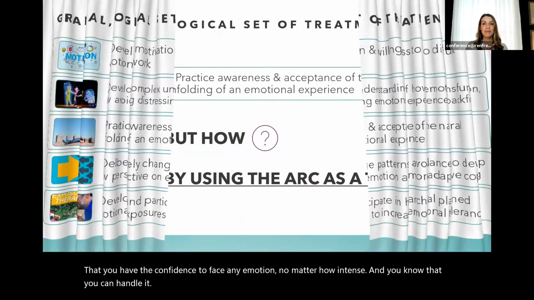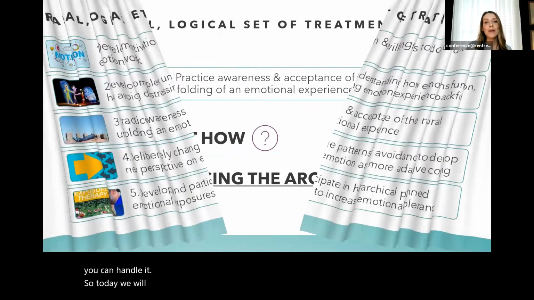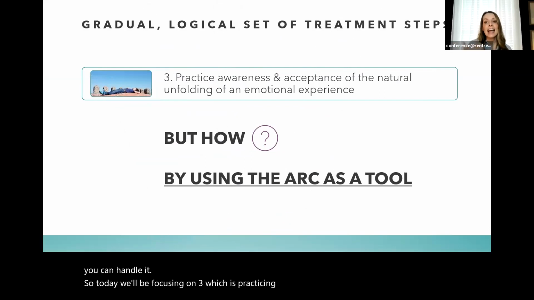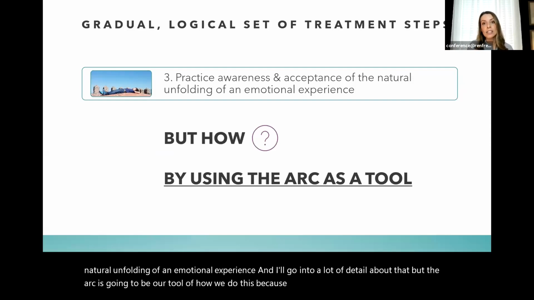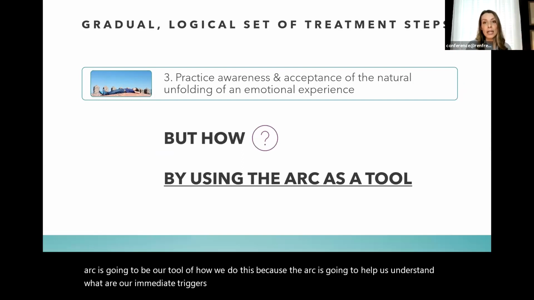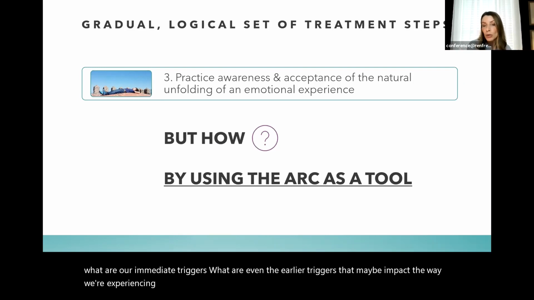So today we'll be focusing on number 3, which is practicing the awareness and the acceptance of the natural unfolding of an emotional experience. And I'll go into a lot of detail about that, but the ARC is going to be our tool of how we do this, because the ARC is going to help us understand what our immediate triggers are, what even the earlier triggers are that maybe impact the way we're experiencing a situation or the way we're interpreting it.